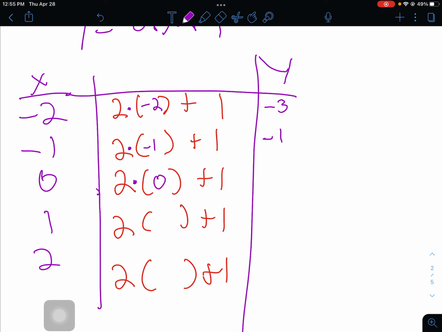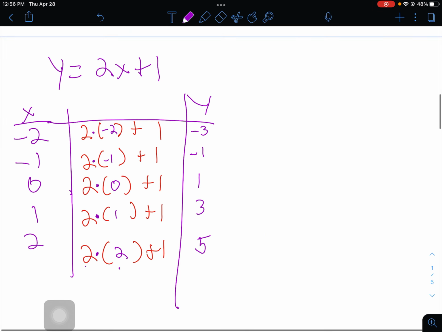Then we're doing it with 0. 2 times 0 is 0, plus 1 is 1. Now I'm doing it with 1. 2 times 1 is 2, plus 1 is 3. And then finally, with the number 2, 2 times 2 is 4, plus 1 is 5. We put a number in, we got a number out. It turns out we got an x and a y. We chose our x's, we put in an x, we got out a y.